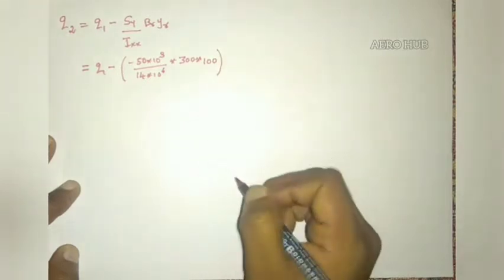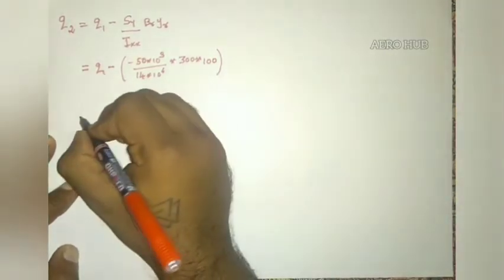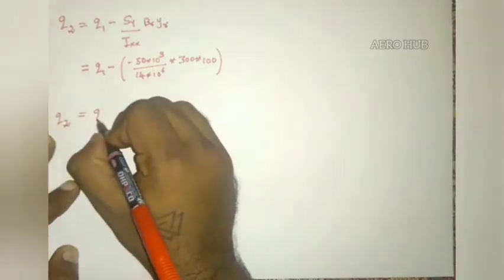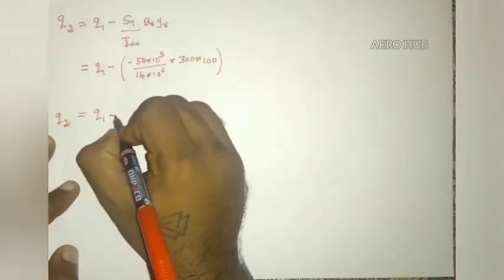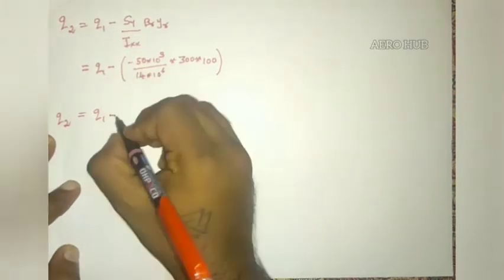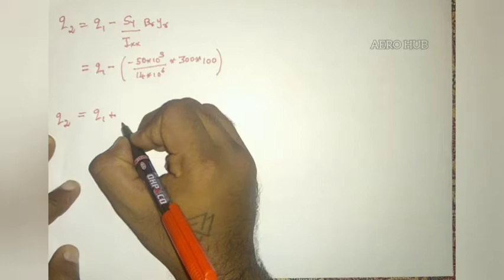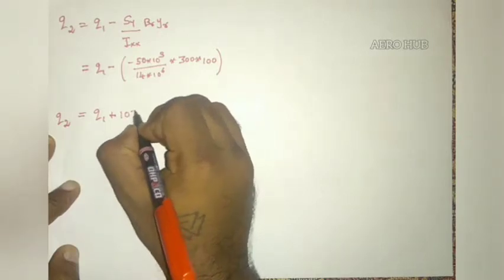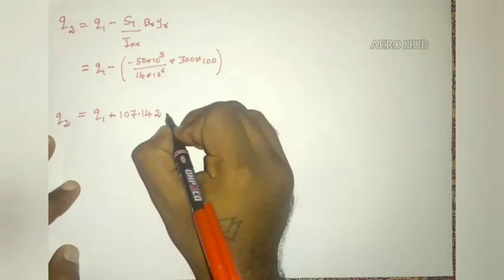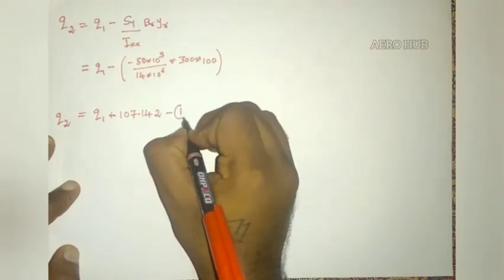Okay, so after solving I will be getting Q2 is equal to Q1 minus, if we have a minus here, we have one more minus, so it will be plus 107.142. Okay, put as equation number 1.